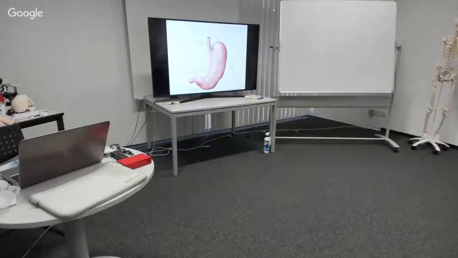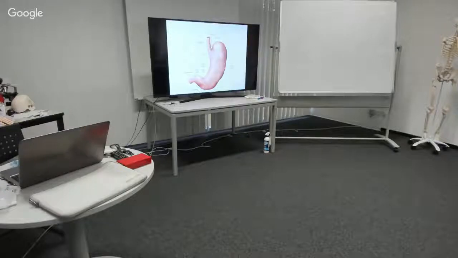So it is forming an angle that is easily found here on the lesser curvature. And this is what we call angular incisure or angular notch.